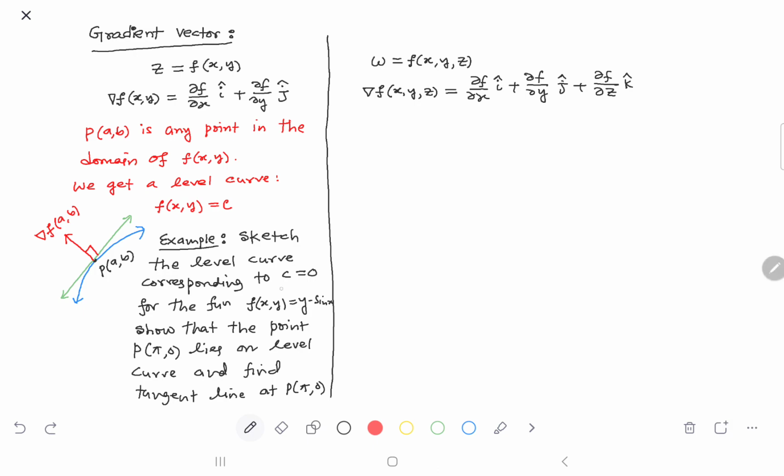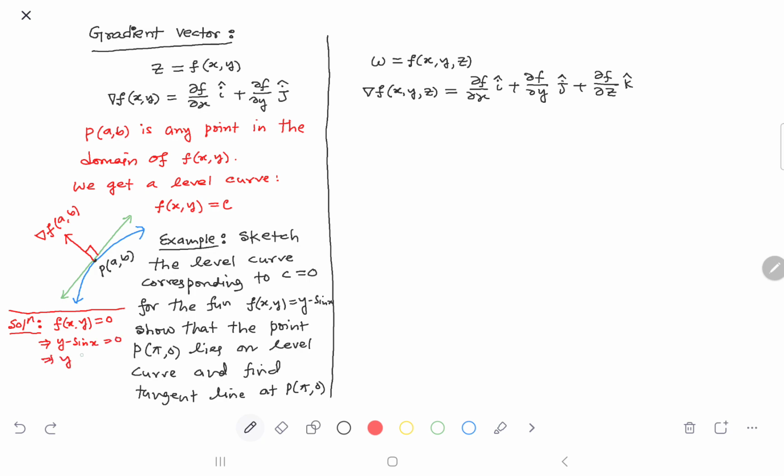Now, if you take c equals 0, then let me write down the solution. The level curve will be f of x y equal to 0, because c equals 0. We get y minus sin x equals 0.